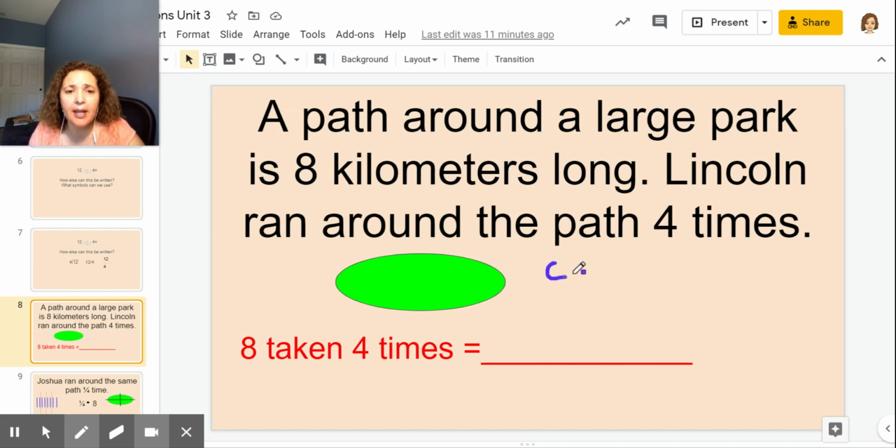So that's the same thing as 8 times 4, which is 32. We are taking a number and repeating it. It's 8 plus 8 plus 8 plus 8, which is 32. Another way to say that is 8 is being taken 4 times.